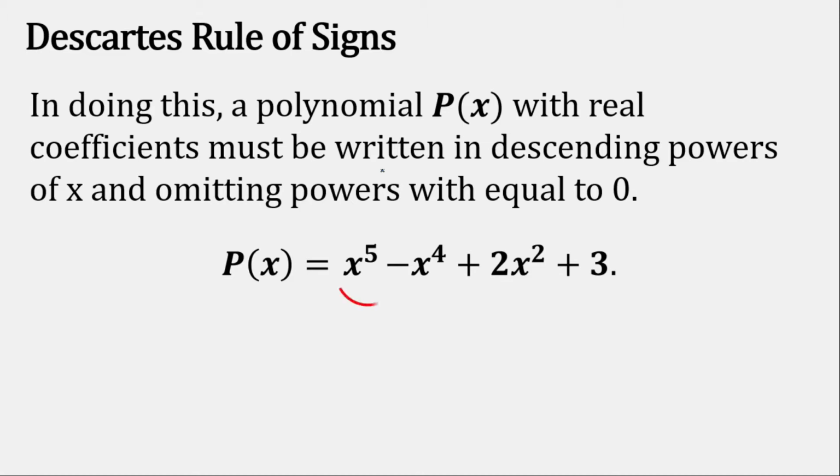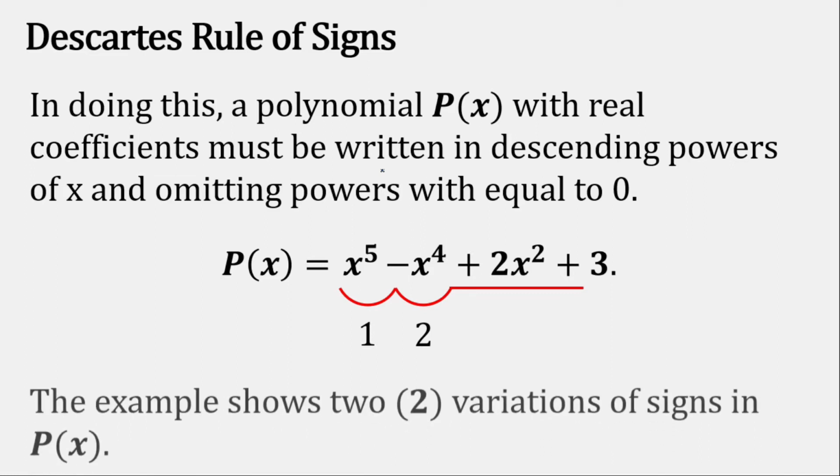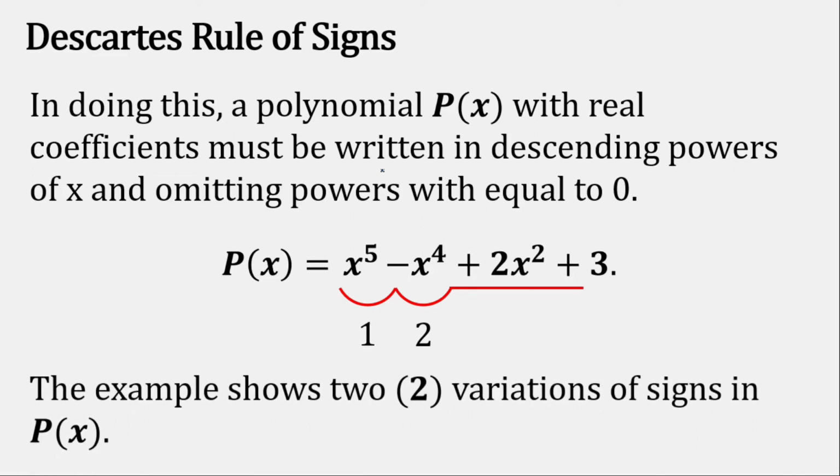From positive, it becomes negative. So therefore, there is one variation. Now from negative, it becomes positive. Now there is another variation. And positive to positive, there's no variation. So in this example, there are two variations of sign in P of x. So that's how variations of sign work.